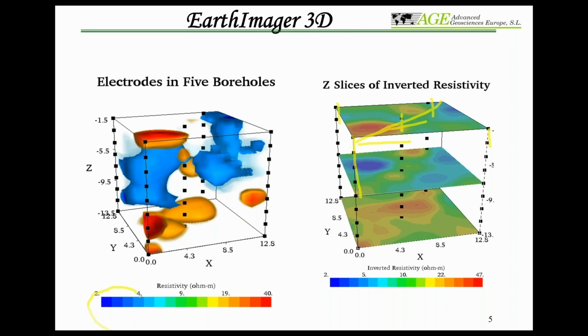Here, maybe your interest is in the low and high resistive anomalies. Then you can really see where those high and low resistive anomalies are located. Sometimes you can select one resistivity interval that corresponds to your anomaly, and then render that information, and it will give you the volume related to that resistivity.